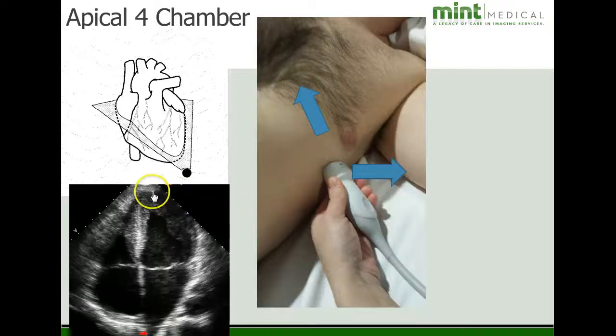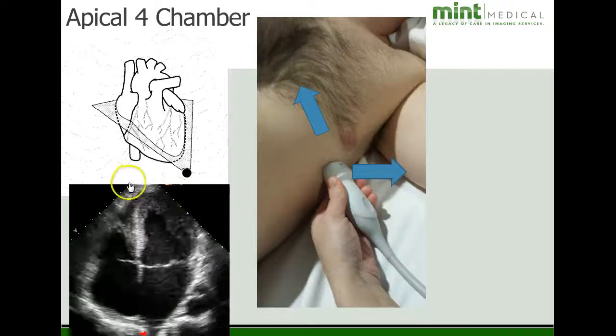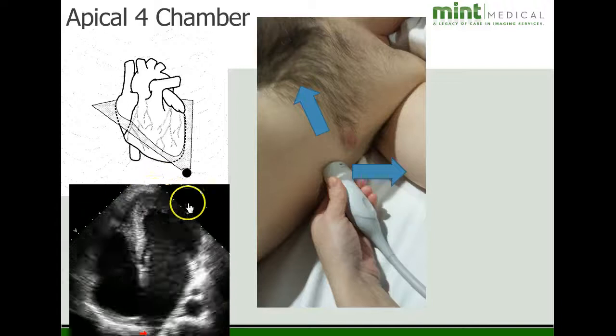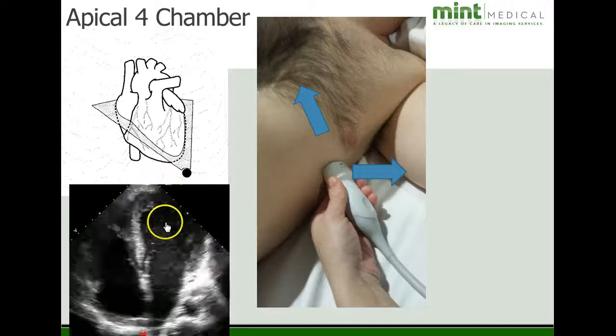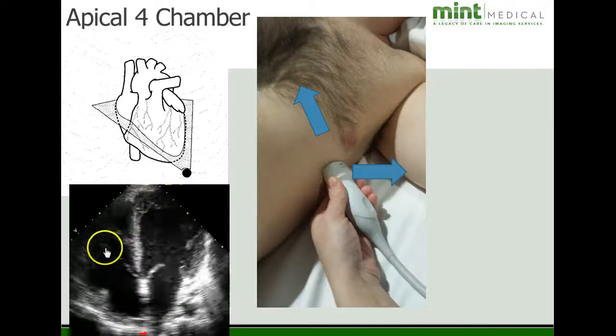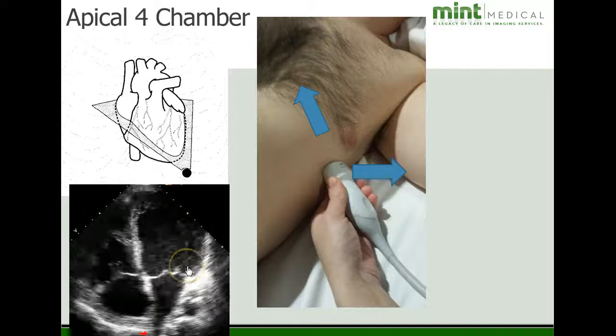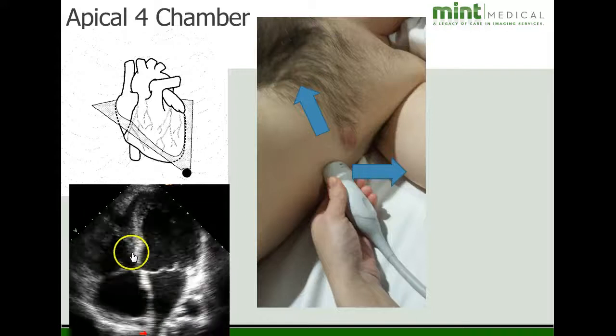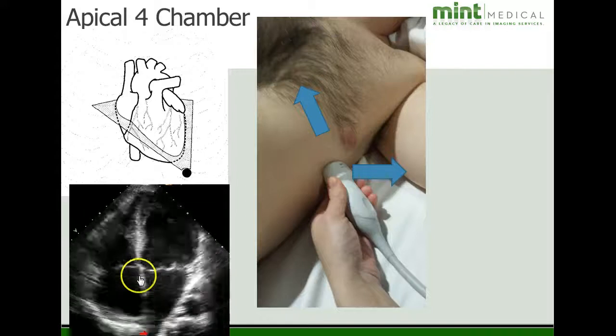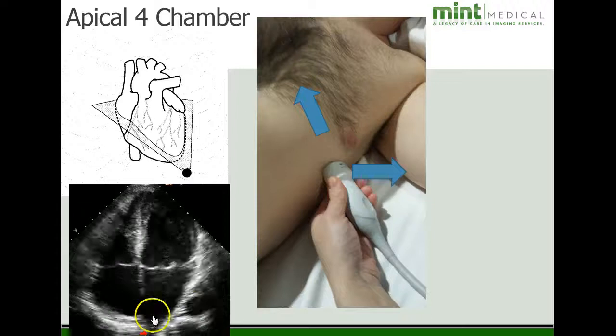In this view, you'll have the apex under your transducer imaging plane. You'll have the left ventricle, the apex, right ventricle, right atrium, left atrium, anterior mitral valve leaflet, posterior mitral valve leaflet, tricuspid valve, interventricular septum, and interatrial septum.